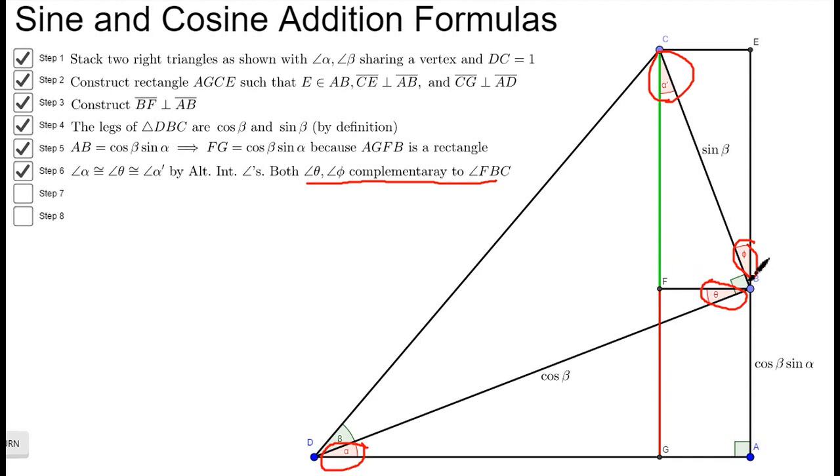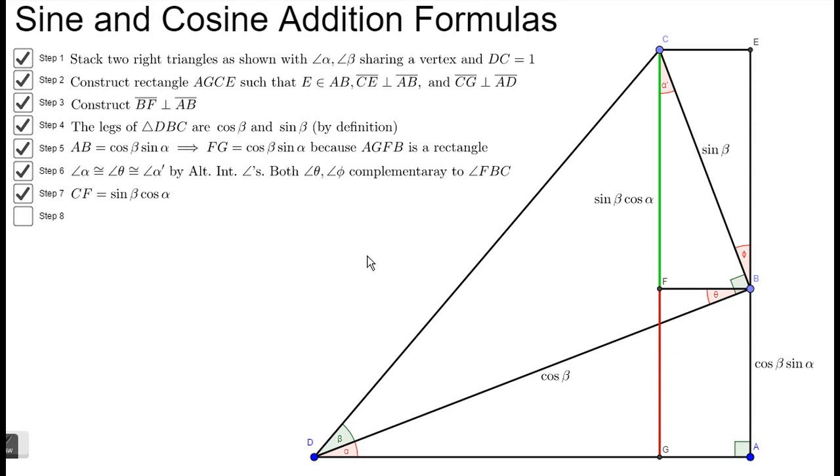This right angle, excuse me, this angle here. Let me back this off so we can see. This angle FBC is here. And so all these angles that are shaded red or pink, whatever color you're seeing, are congruent. Okay, so that'll be important.